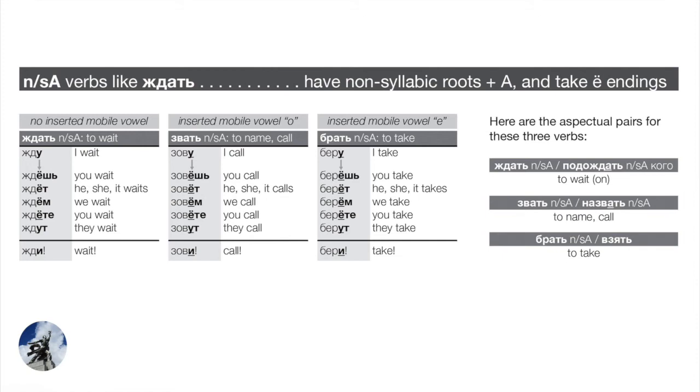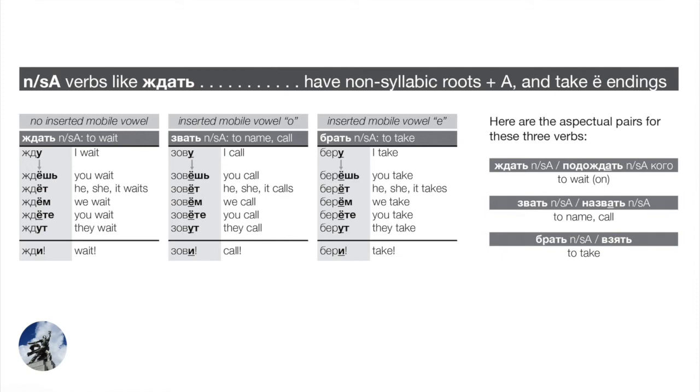Now we have to watch for two variations in NSA verbs. Sometimes, for whatever historical reason, they'll insert a vowel into the middle of the non-syllabic root. For example, звать means to call or name something. And we've seen this verb used, although we haven't really been conjugating it yet.